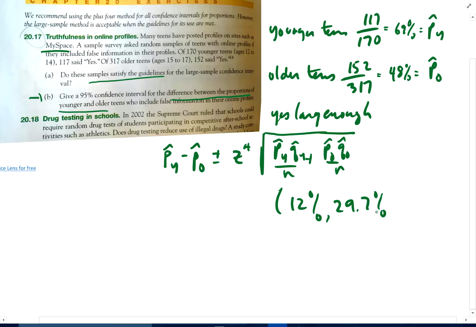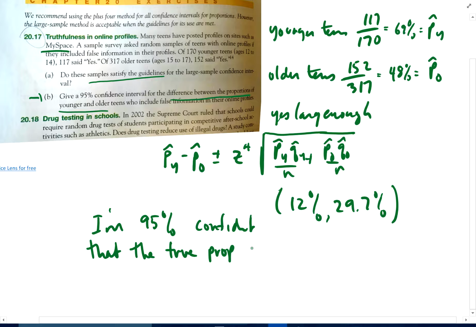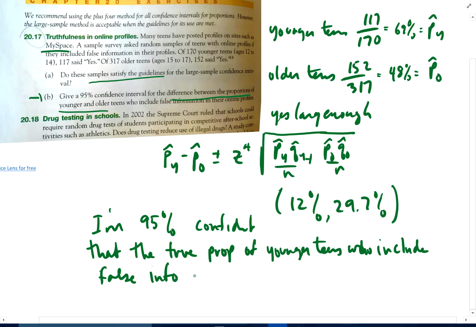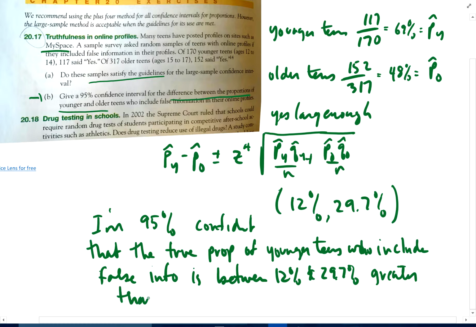So these are always a little trickier to write. I'm 95% confident that the true proportion of younger teens who include false info is between 12% and 29.7% greater than older teens.